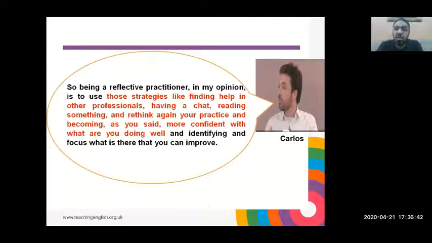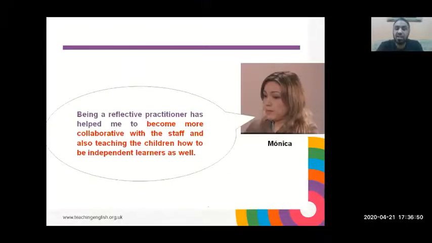The second one says that reflection makes him confident with his work inside the class. And the last one says that it became more collaborative work with the staff and the children more independent in the learning process. So which one of these points of view do you go with?